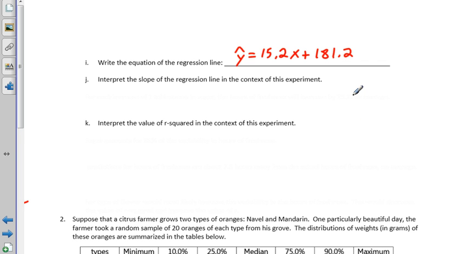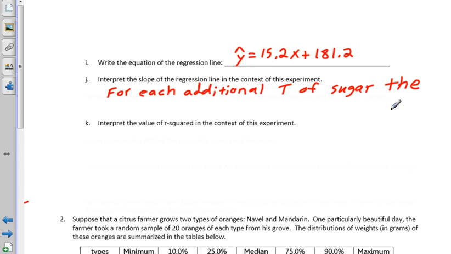Now we want to interpret the slope of the regression line in the context of this experiment. We would say, for each, and this is always going to be x going up by 1, so additional teaspoon of sugar, and then we're always going to put it in context of what y is doing.